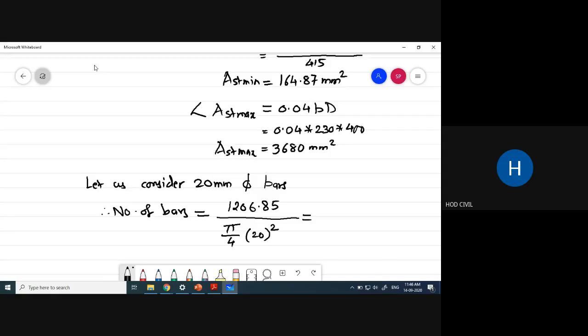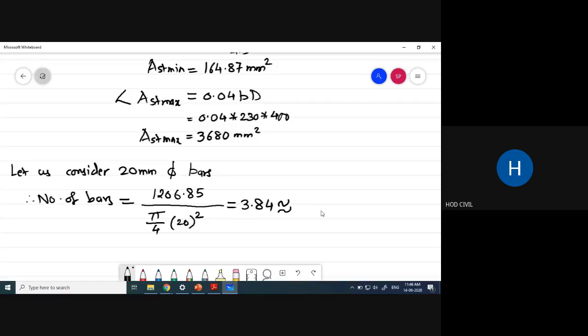Tell me the value. 3.84, that means 4, right? Number of bars we need to provide are 4.